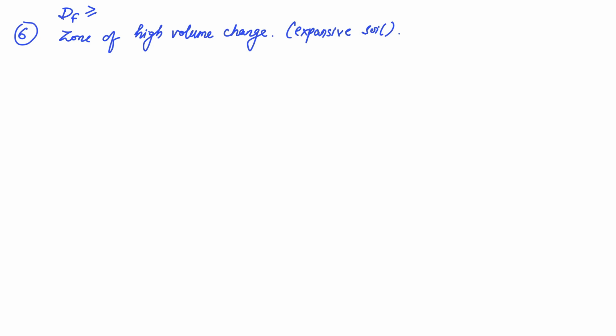Consequently, such soil on which the footing rests will move up and down. This process can cause severe damage to the total structure unless the depth of footing is greater than the depth within which this large volume change takes place.